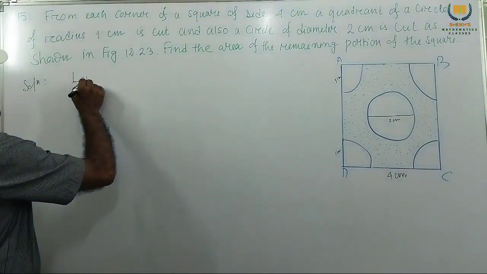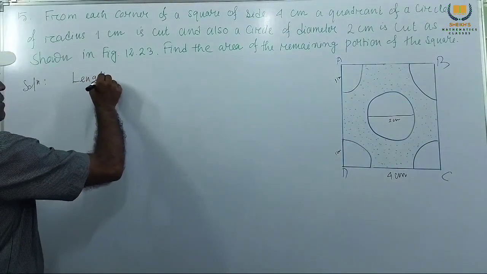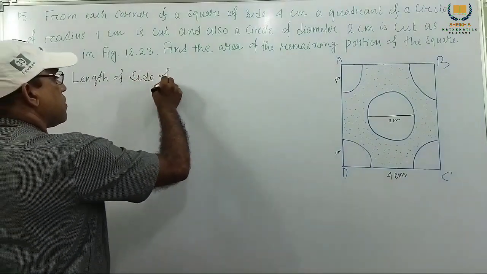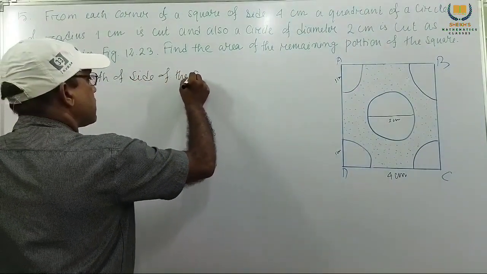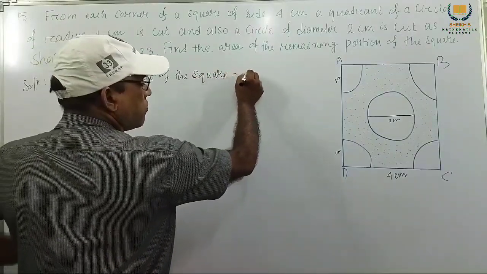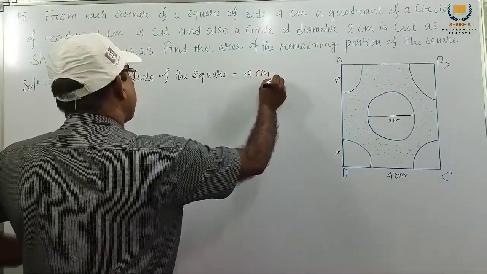Length of the side of the square equal to 4 centimeter, given.